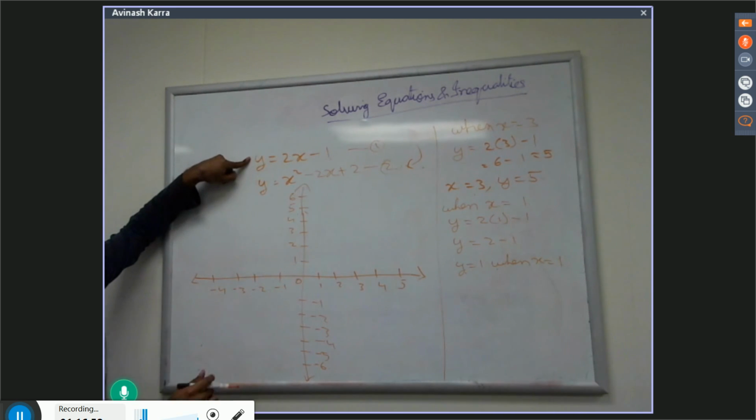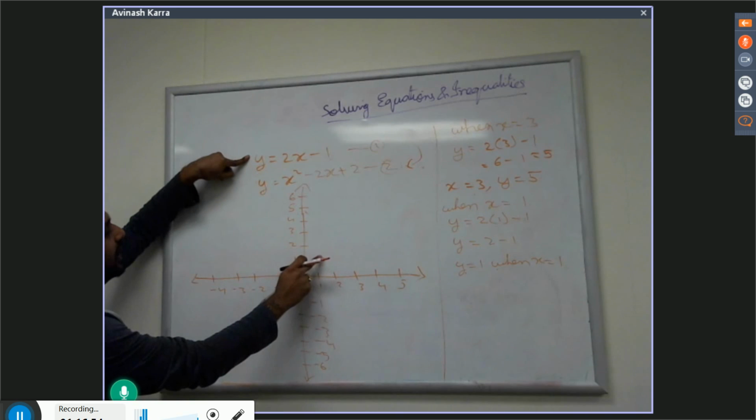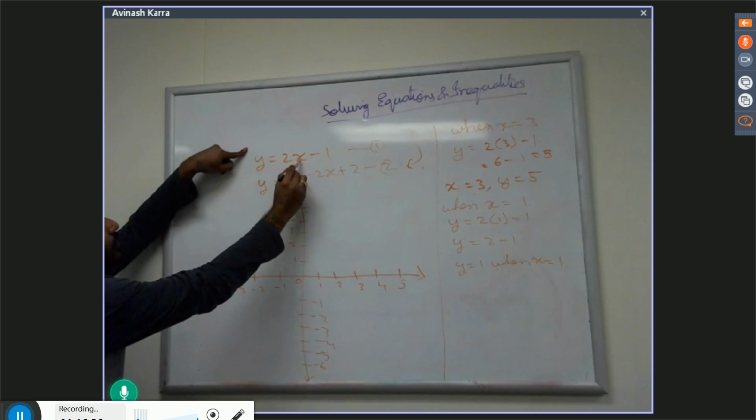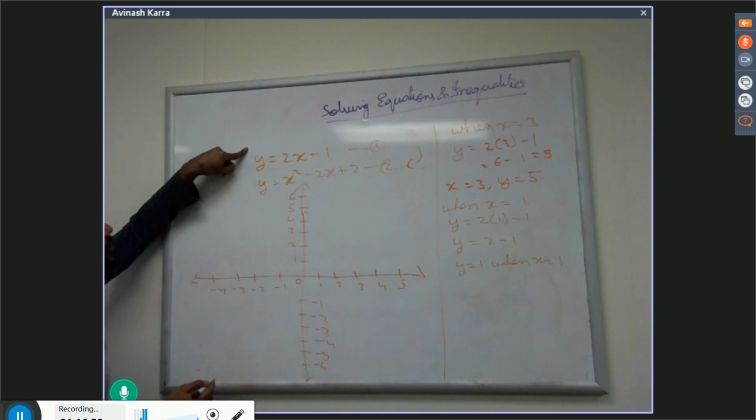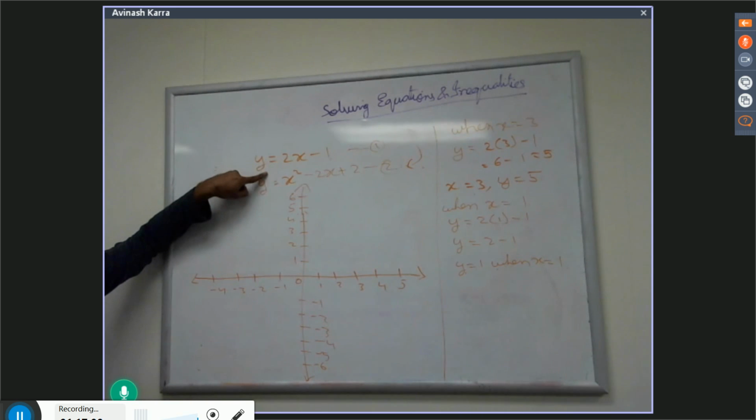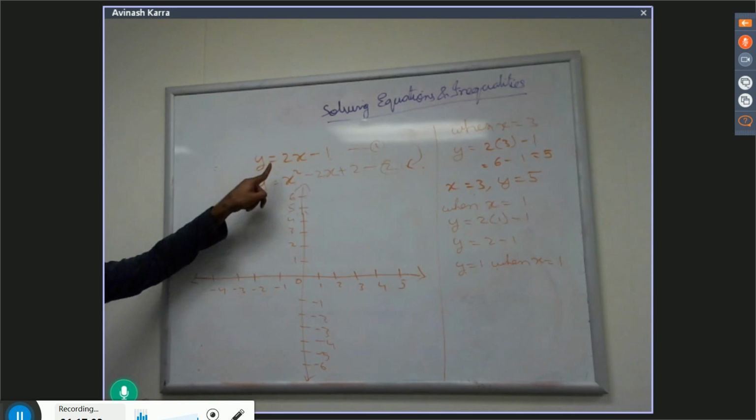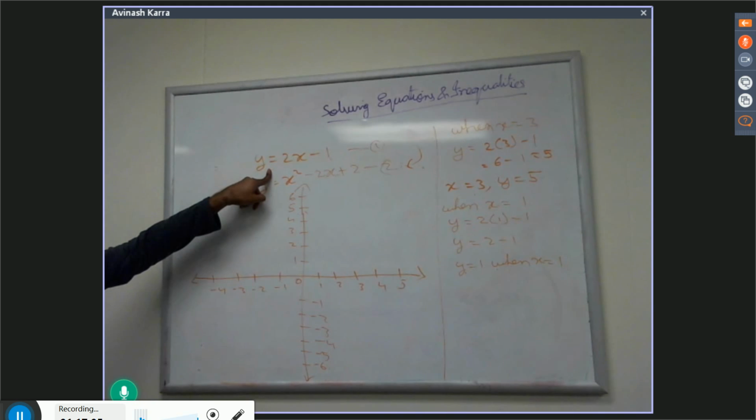Okay, I'm drawing the graph. When x equal to 1, what will be the value of y according to equation 1? Anyone? Come on.